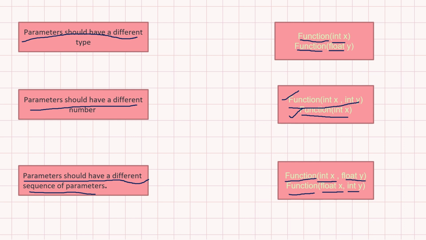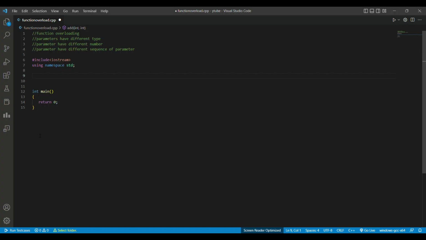It means the compiler will easily differentiate which function you are calling, or differentiate between two functions having the same name. So this is all about function overloading.